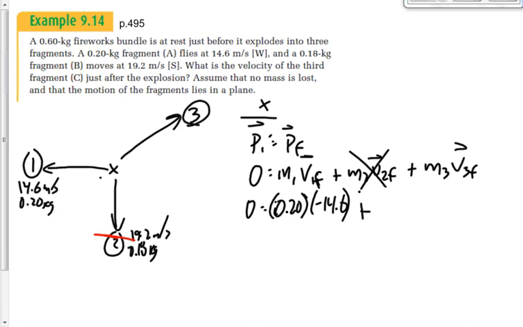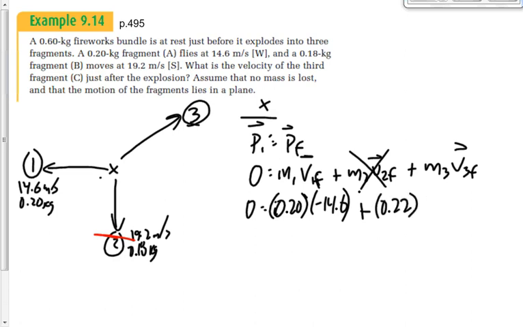M3, oh, we don't know M3, or do we? If it's 0.6 total, and object A has 0.18 and object B has 0.2, then we're going to subtract those two numbers from 0.6. We're going to get 0.22, I think it is, isn't it?